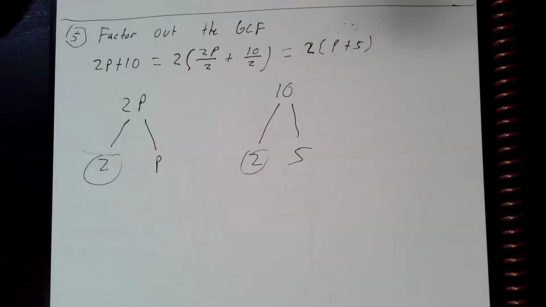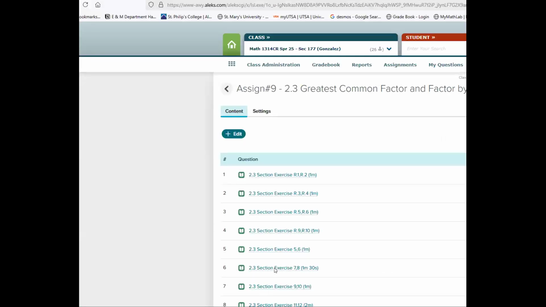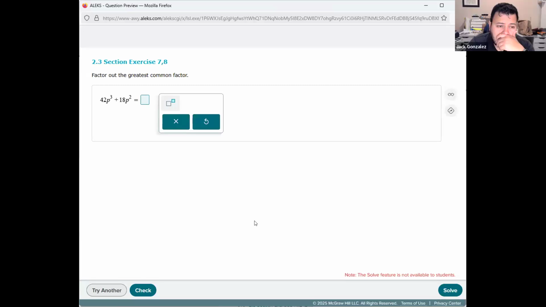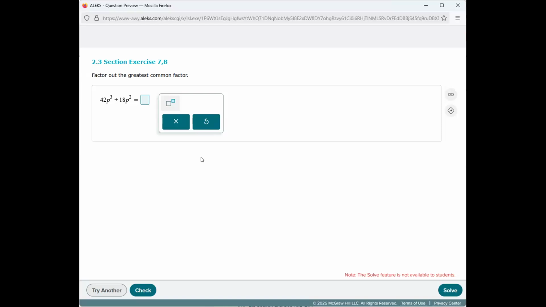Not that I know of. I feel like it's pretty simple over here. All right, let's do something a little harder, but still the same. Let's do the next page.